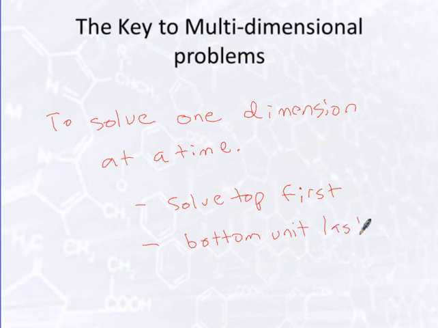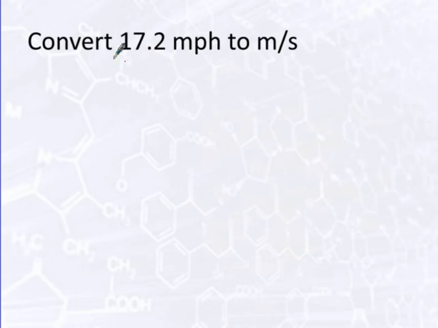Okay, so let's jump into it and solve our first problem example. Let's convert 17.2, now this is miles per hour, to meters per second. I'm going to rewrite this as miles per hour, or HR, doesn't really matter. Now we're going from miles per hour to meters per second.